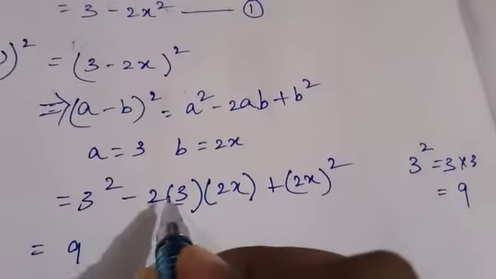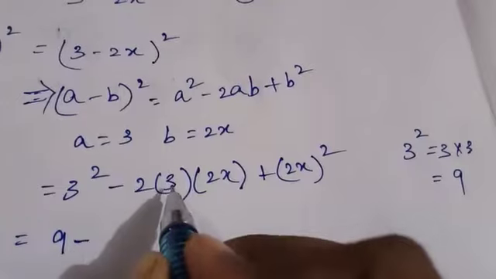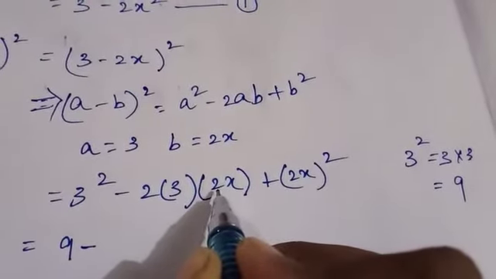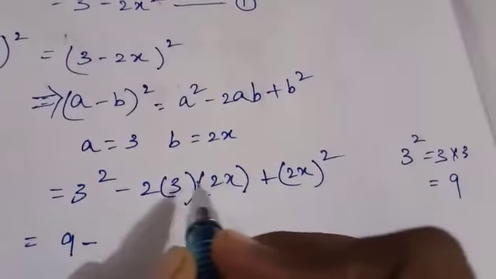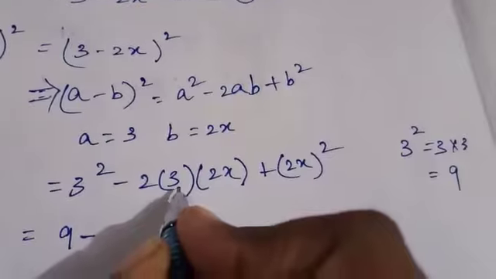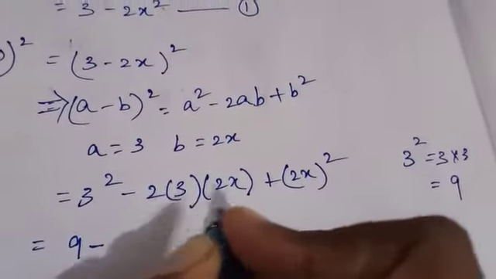Minus 2 3s are 6, 6 2s are 12. 6 into 2x is 12x.